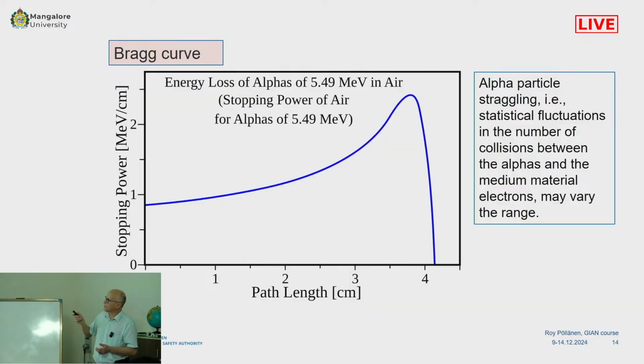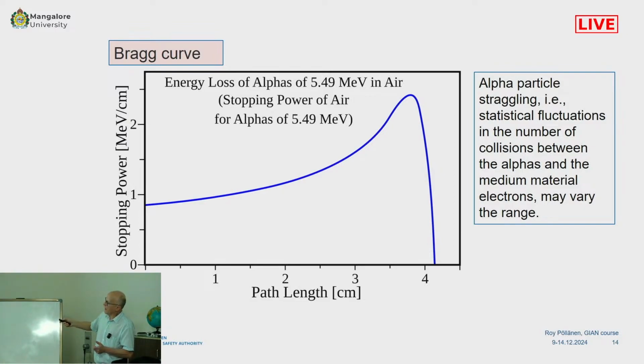And this is the so-called Bragg curve. So this is the path length, and this is the stopping power here.